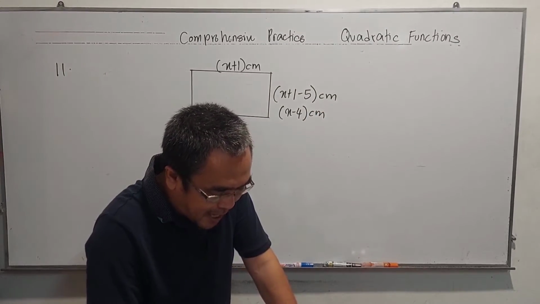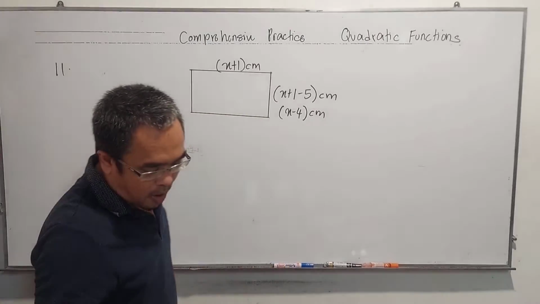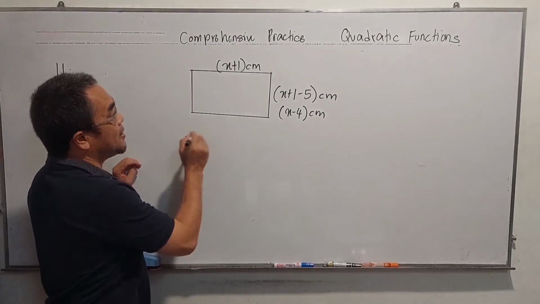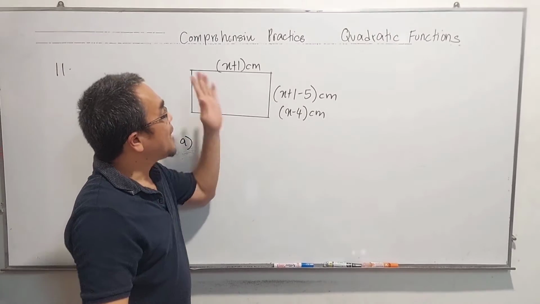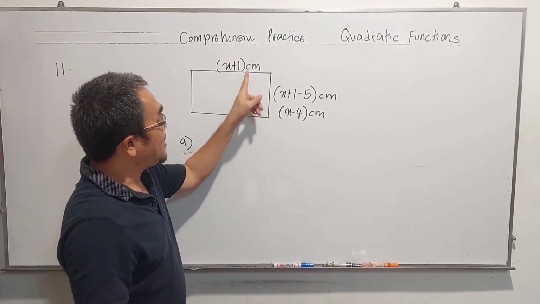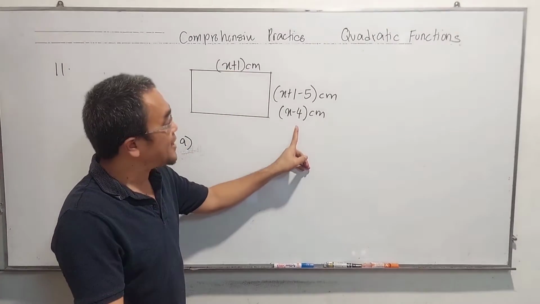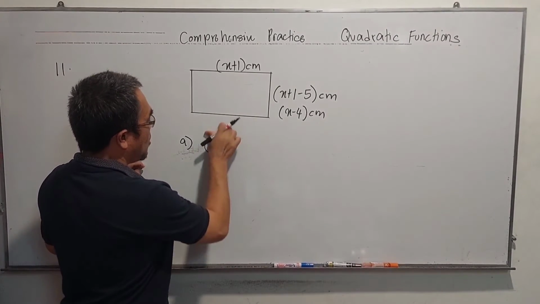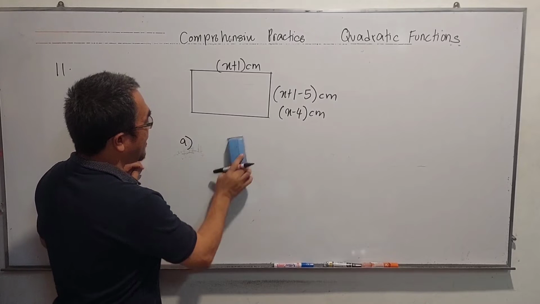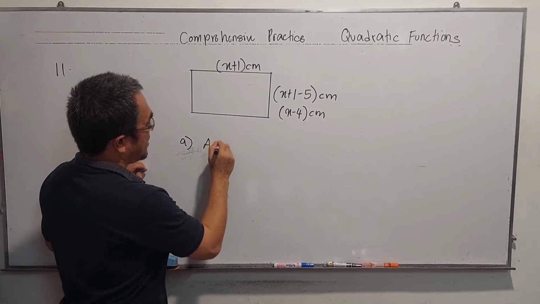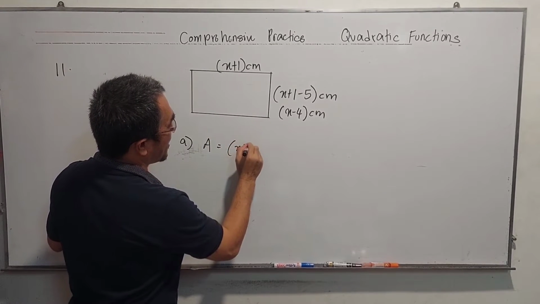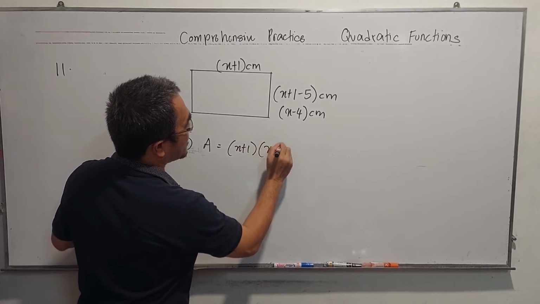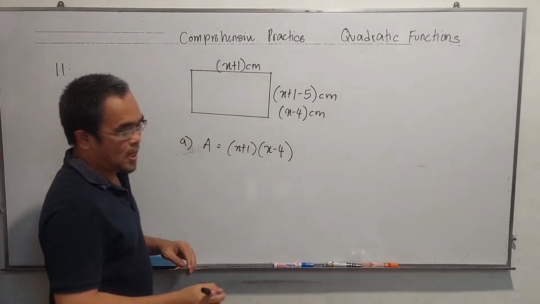A, express the area in terms of x. For area, because it is a rectangle, it will be length times width. The length is x plus 1, the width is x minus 4. So area A equals (x plus 1)(x minus 4).